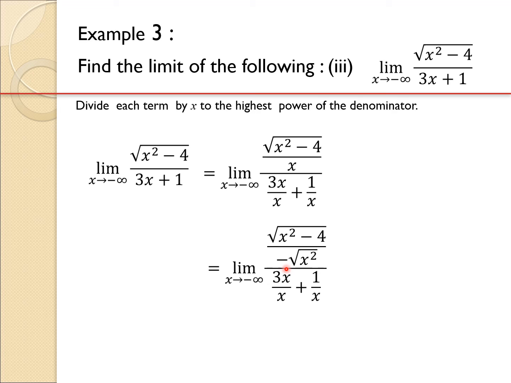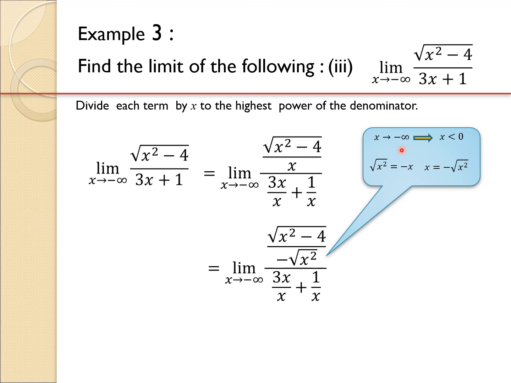Why do we write negative here? Because when x approaches negative infinity, that means x is negative. Bila x pergi ke negative infinity, maka nilai x tu ialah negatif. Jadi, mengapa kita tulis square root x square?